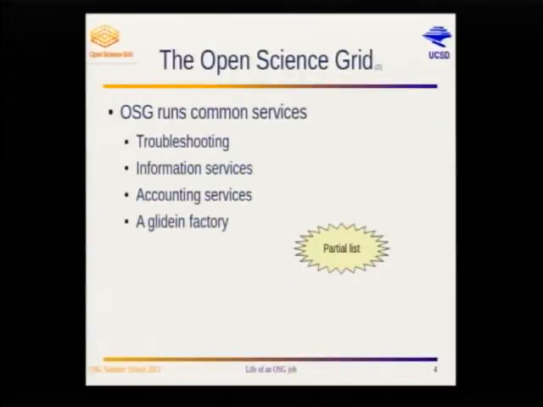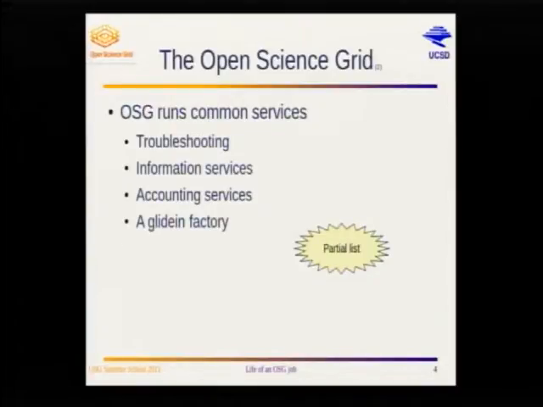OSG also runs some services that are of use to the larger community that no single user could really do. One is a troubleshooting service. It's called the Grid Operations Center, or GOC. And this is a common infrastructure that essentially knows about everybody else, so that if you go to them with a problem, there is a large success. They are likely to know who to contact to fix the problem. They run information services.